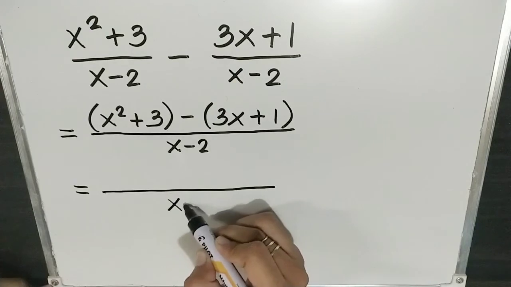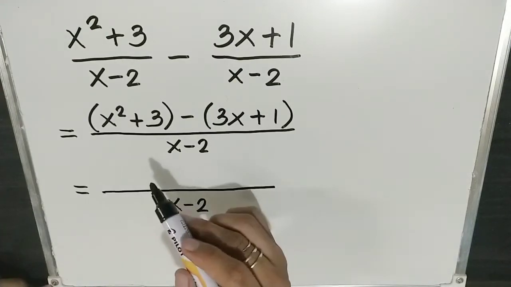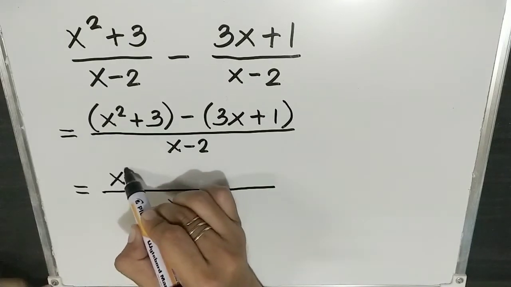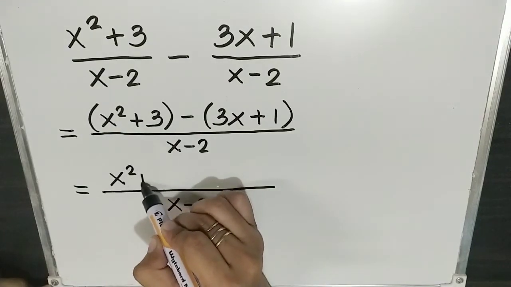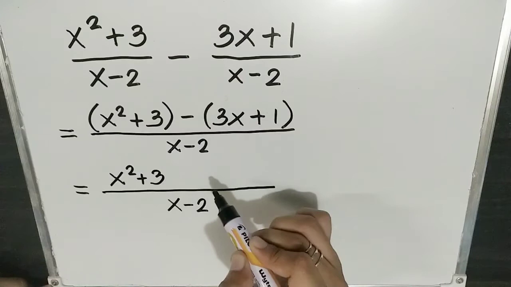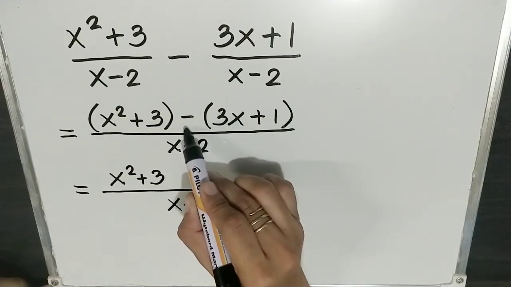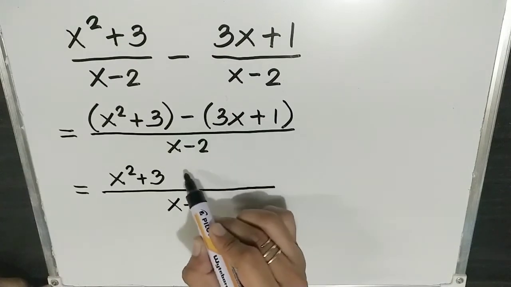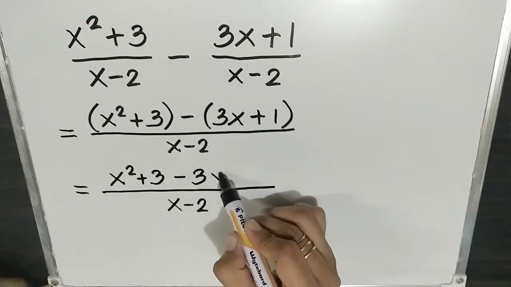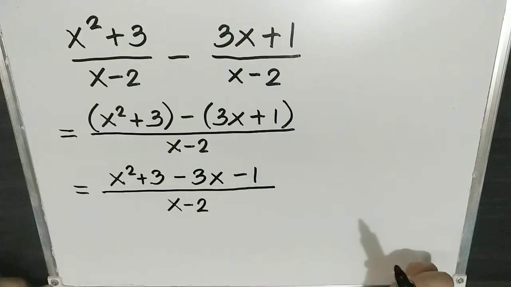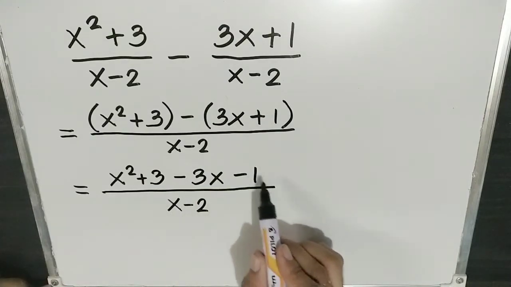Okay, so just copy x minus 2 as our common denominator. Then we have to copy the first expression in the numerator, x squared plus 3. Then again, we will distribute this one. Negative 1 times 3x is negative 3x. Negative 1 times positive 1 is negative 1. And then we have to combine like terms.